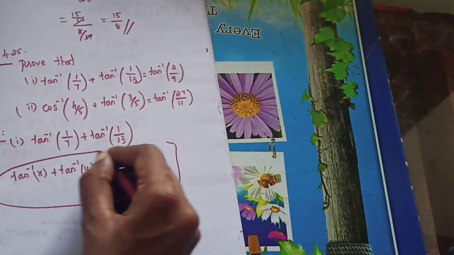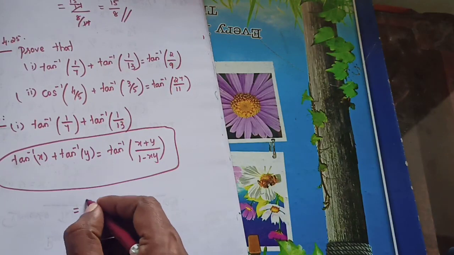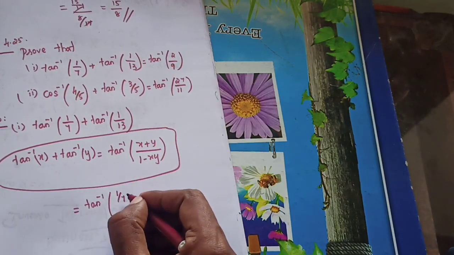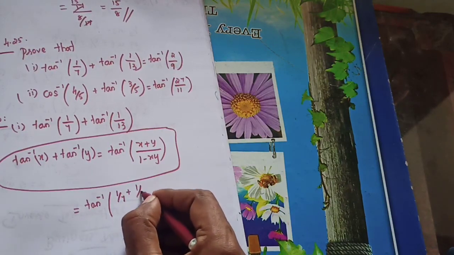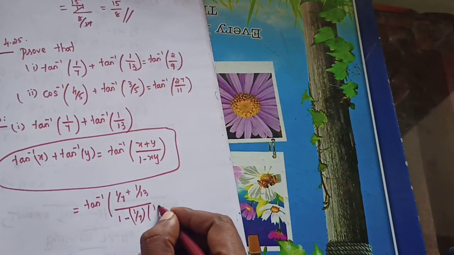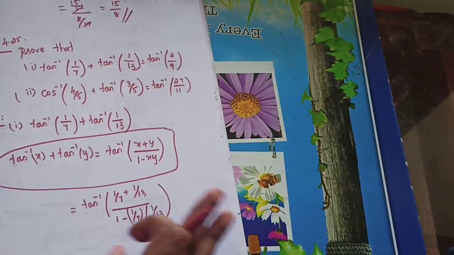We are going to use this formula here. So tan inverse of 1 by 7 plus 1 by 13 divided by 1 minus 1 by 7 into 1 by 13. So we are going to simplify this.